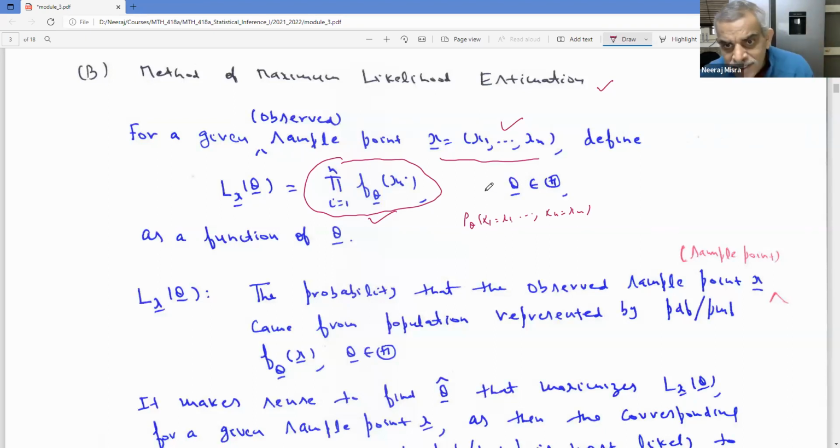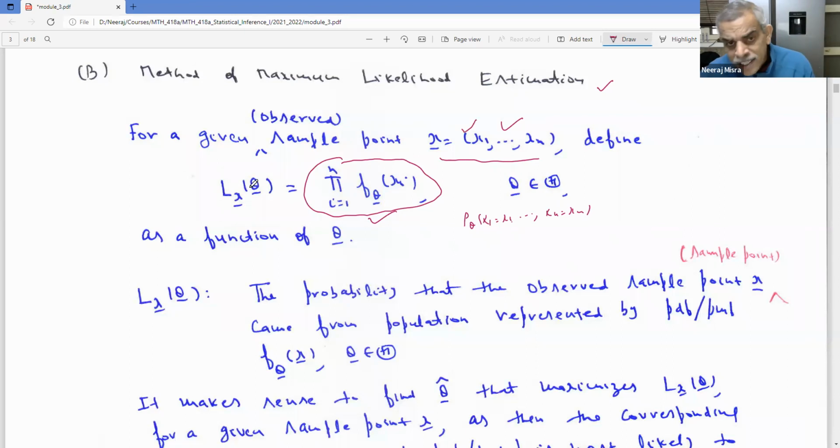That means what happens is, you already observe the sample, then you look at, among all the populations, which population is most likely to give this as an observed sample. So it makes sense to talk about maximization of this likelihood function with respect to theta.